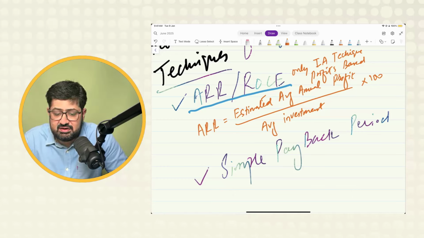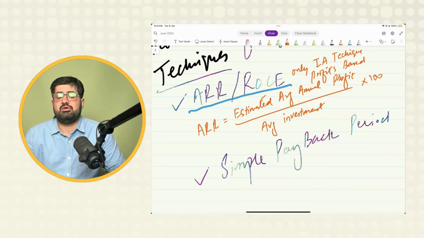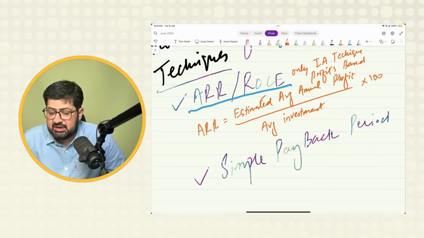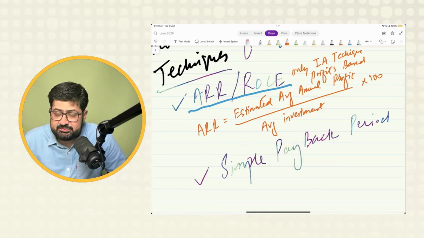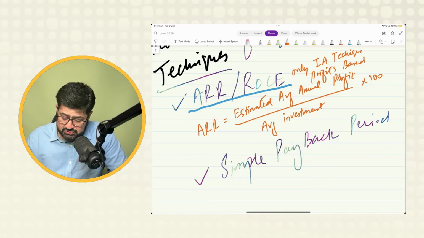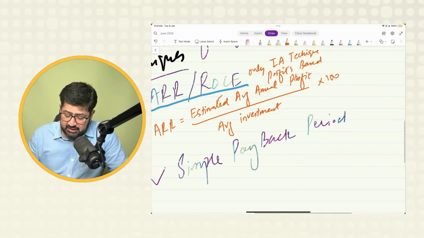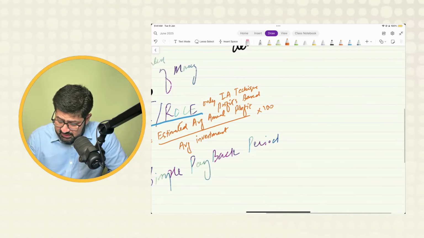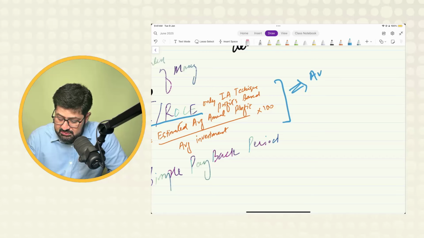So the answer is in percentage. Accounting rate of return is also called ROCE, return on capital employed.